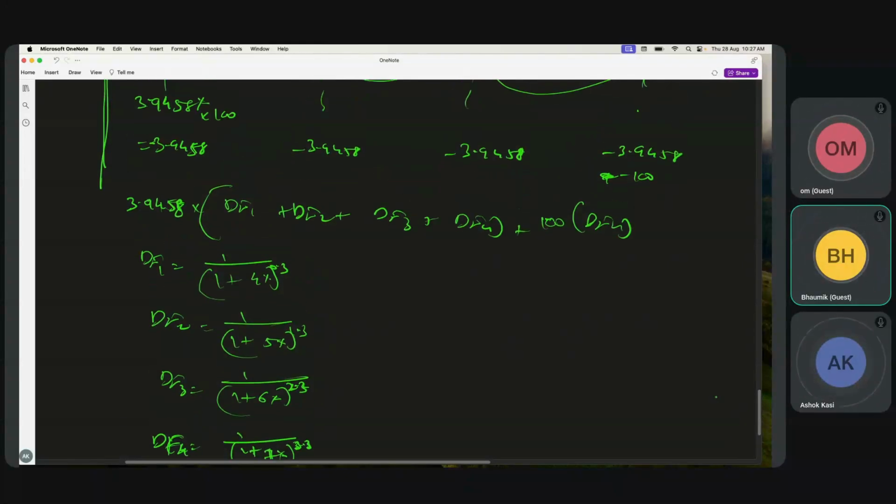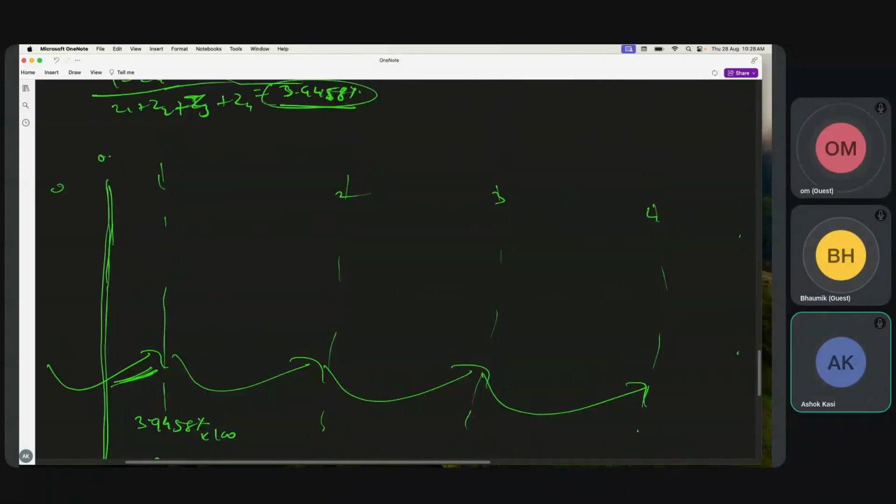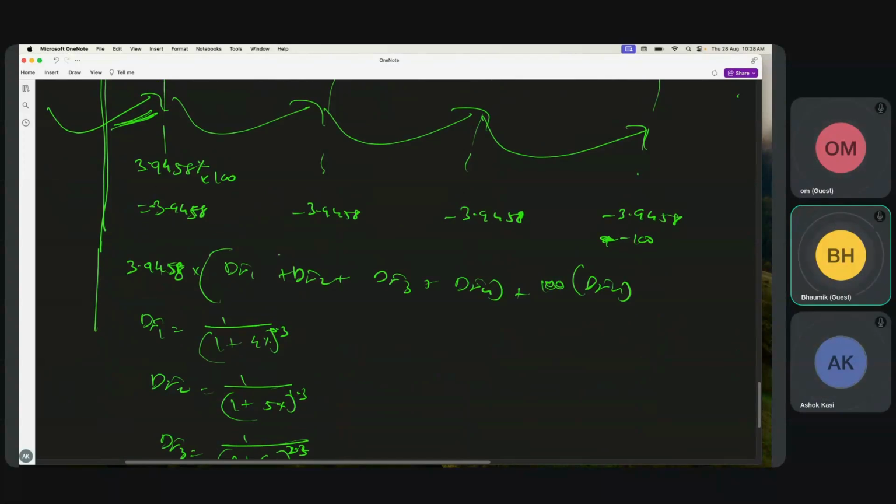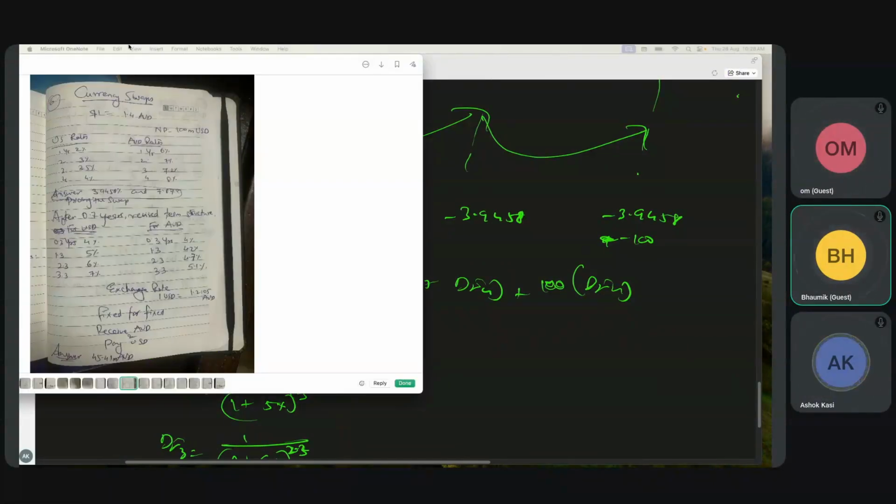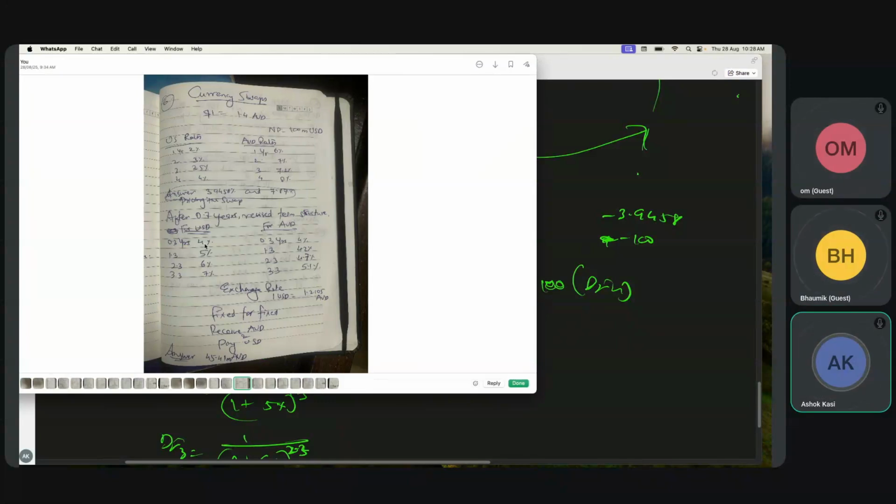Have you understood this one now? So here we don't have the 0.7 rate, right? After 0.7 years, we are left with 0.3 now. So the 0.3 rate is given there, 4%. In the previous sum, what was different?